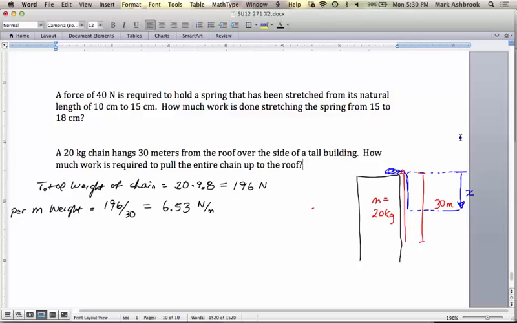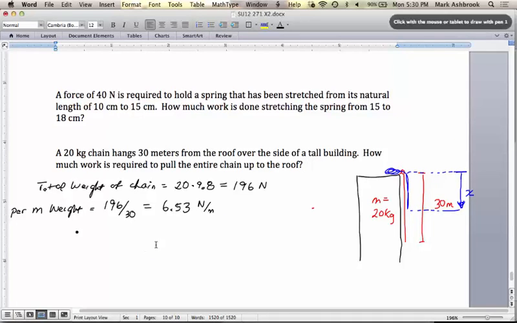And that changes because as we pull up more, what's happening to the force? It's decreasing. The more chain we get onto the roof, the force is decreasing. So we take this typical amount of chain hanging there, and we want to see how much work it takes just to pull it up a little bit, assuming that the force is constant for that little bit of movement.